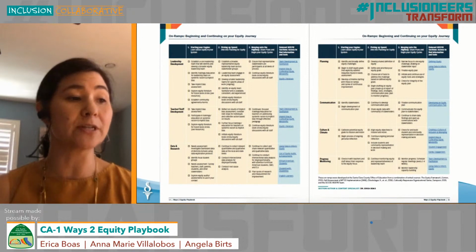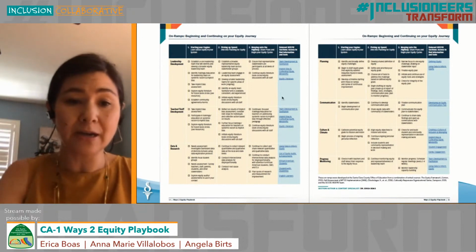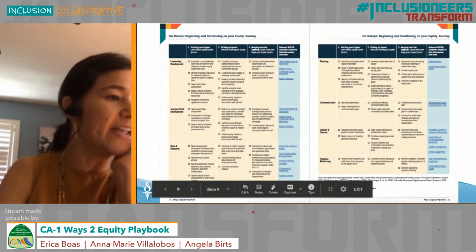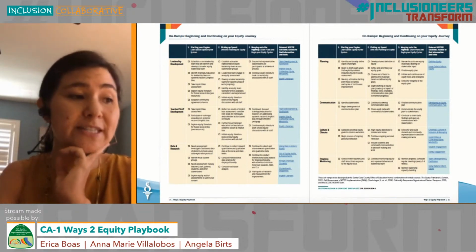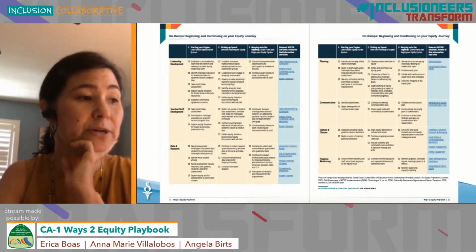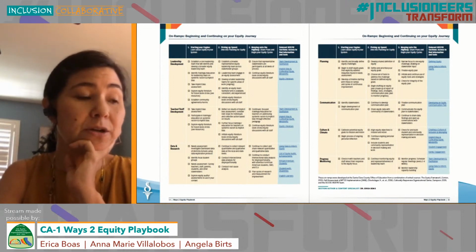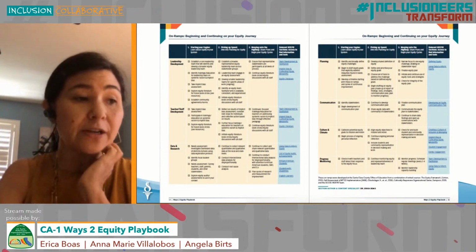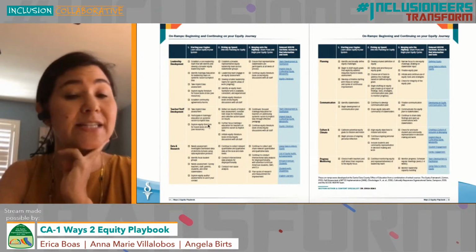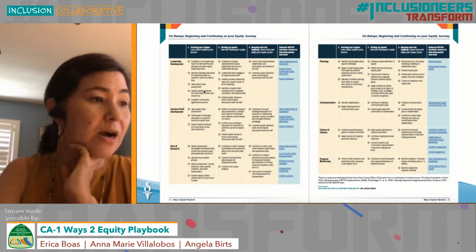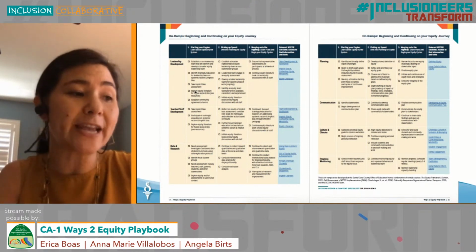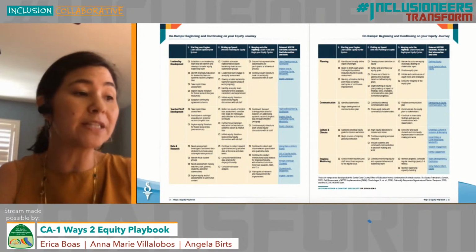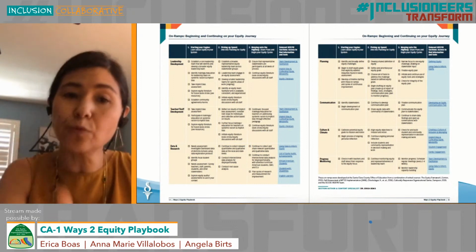The on-ramps explore 7 main topics, which are bolded on the left-hand side here. They include leadership development, teacher and staff development, data and research, planning, communication, culture and climate, and finally, progress monitoring. Each of the middle columns represents a starting place. But the idea is that in order to engage equity processes and practices as fully as possible, you will want to complete each of the columns row by row.